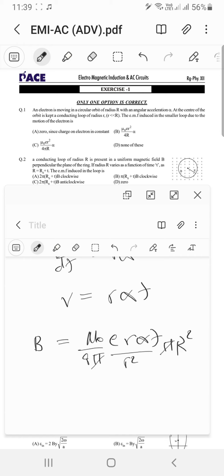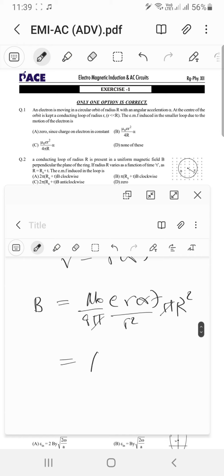Cancel this, so it's mu naught E alpha r squared t. Okay, cool.